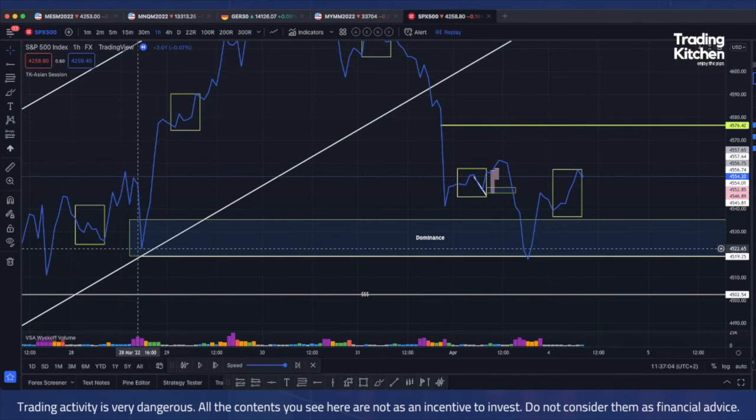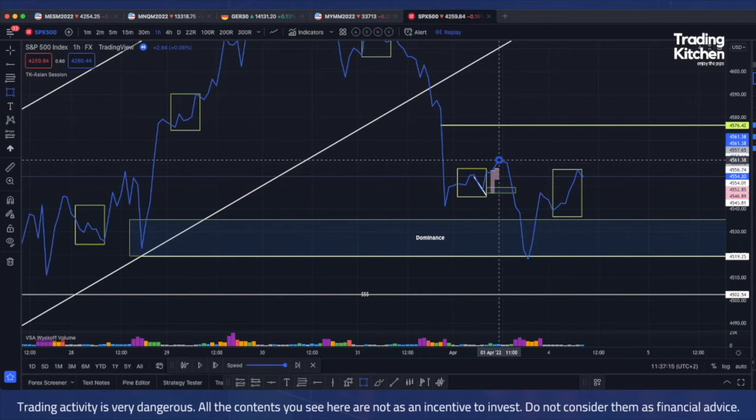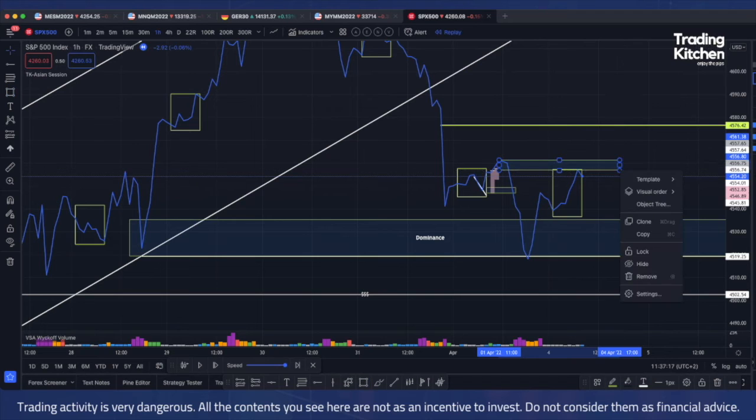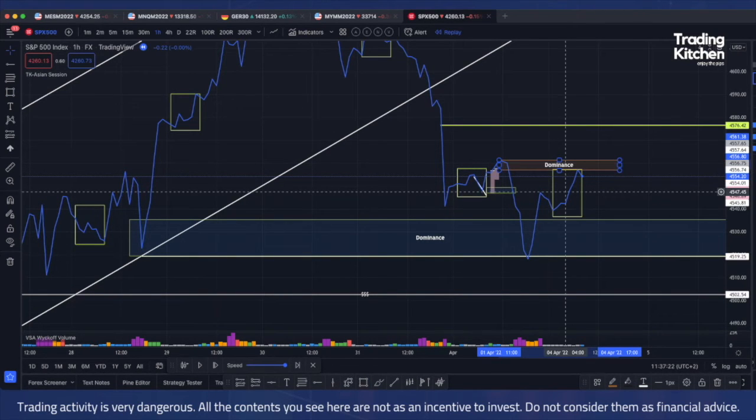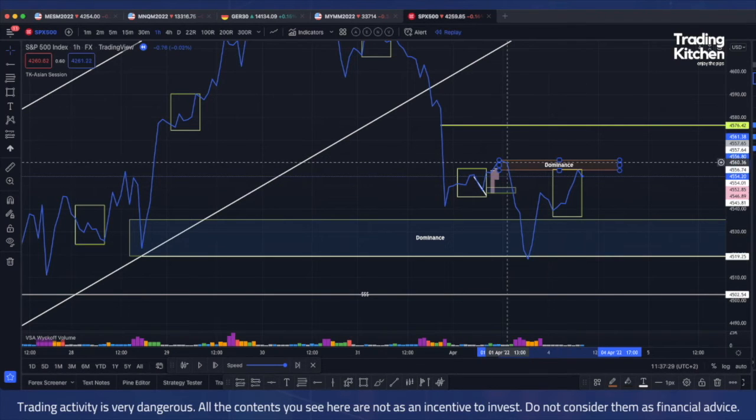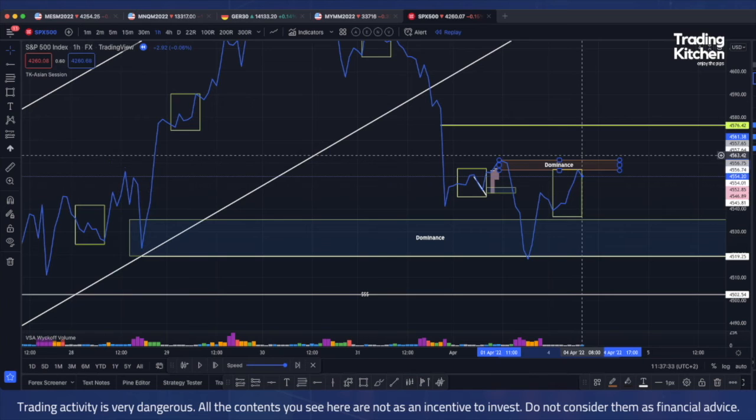So we have a new structure being created. What does it mean? It means that this is the new dominance, a very strong zone in which price will probably react right by now.